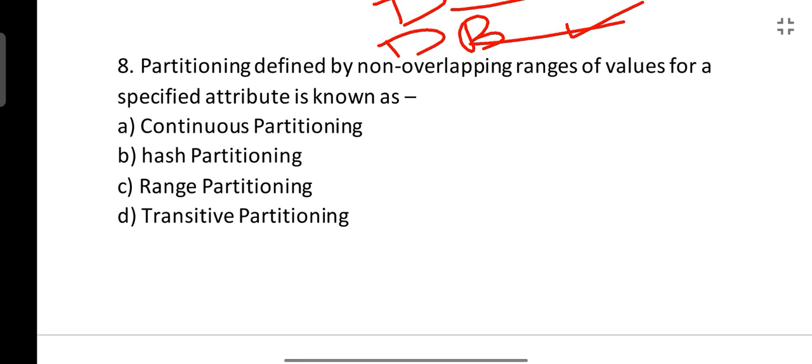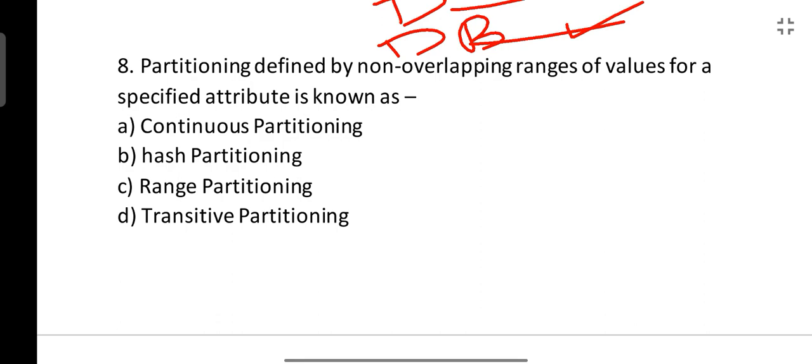Next is, partitioning defined by non-overlapping ranges of values for a specified attribute is known as. See, this is a very behavioral kind of question. You will not find more about partitioning with ranges in any tutorials. So we have to understand what is being asked, and eliminate other options or select the correct option.